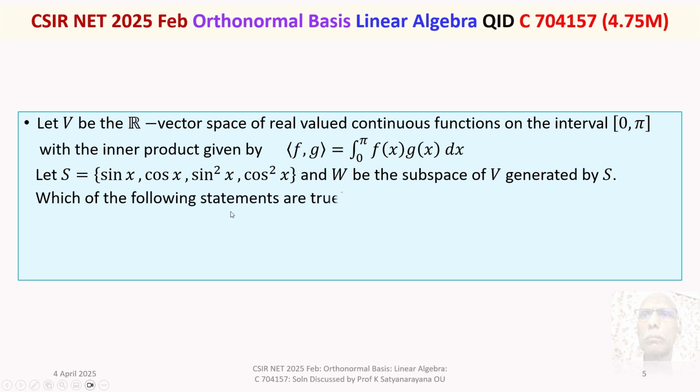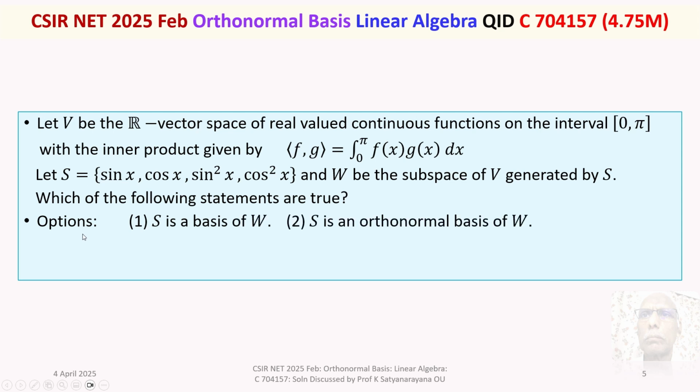Which of the following statements are true? We are given four options. Option 1, S is a basis of W. Option 2, S is an orthonormal basis of W. Option 3, there exists f comma g belongs to S such that the inner product of f with g is 0.